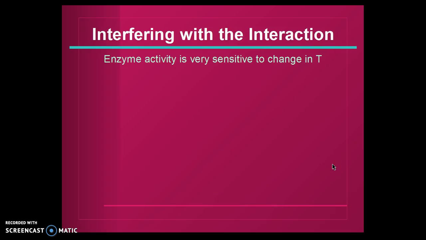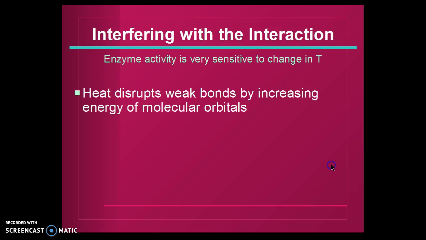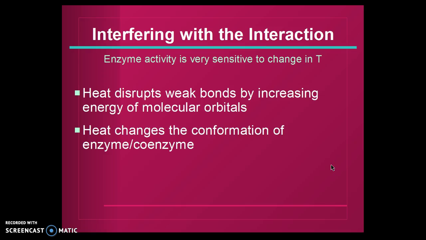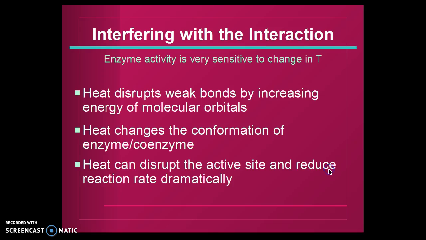Enzyme activity is very sensitive to changes in temperature. Heat disrupts the weak bonds by increasing the energy of the molecular orbitals, and heat changes the conformation of the enzyme coenzyme, usually by the breaking of hydrogen bonds. Heat can disrupt the active site and reduce the reaction rate dramatically.